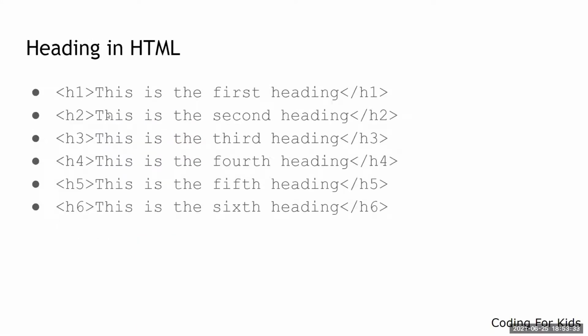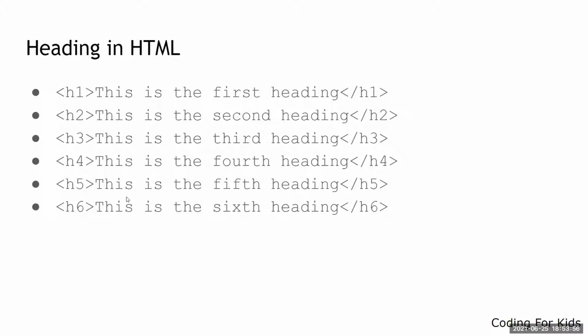So first, let's look at headings in HTML. So how to do a heading in HTML. There are 6 different types of headings, and the difference between them is just their size. So H1, if you add this code, it's going to look really big. Your heading is going to be an actual size of a heading.